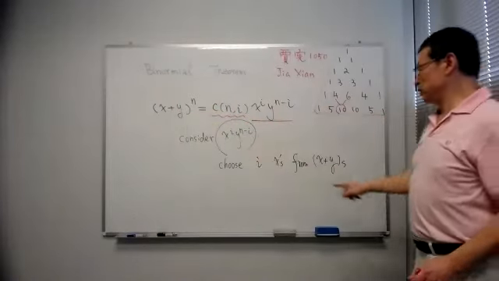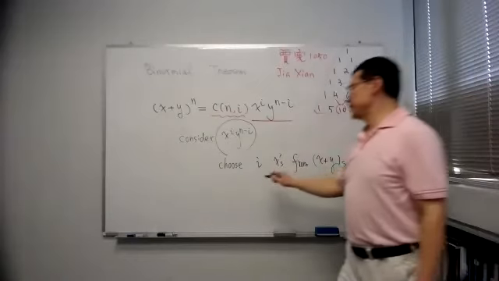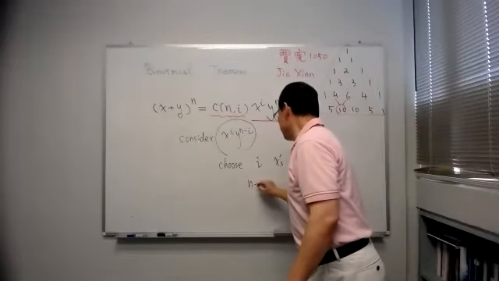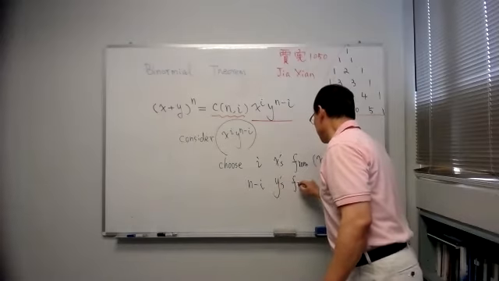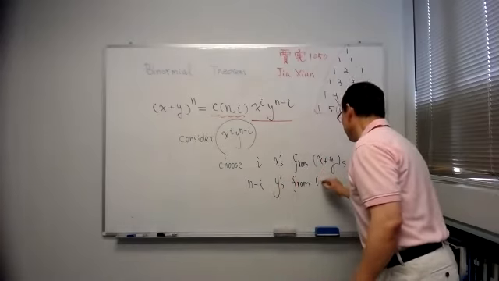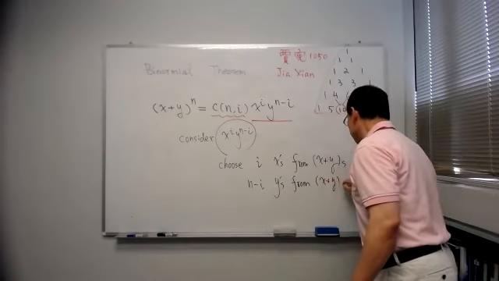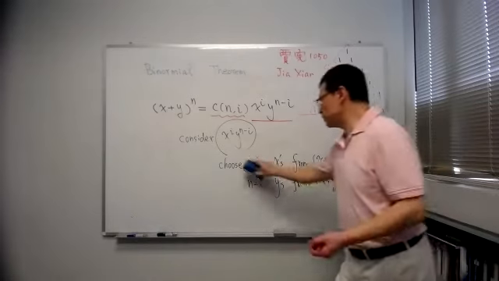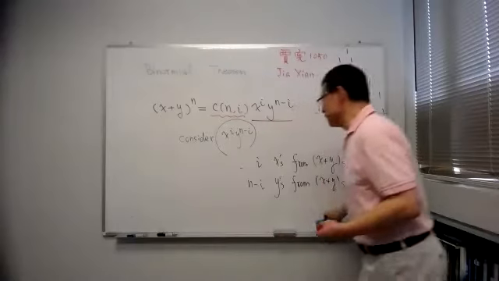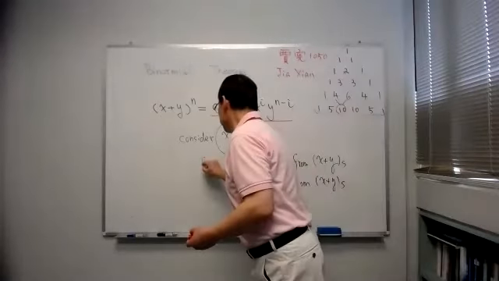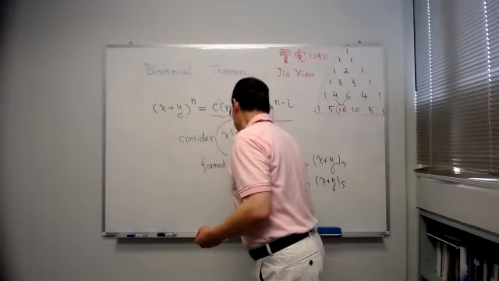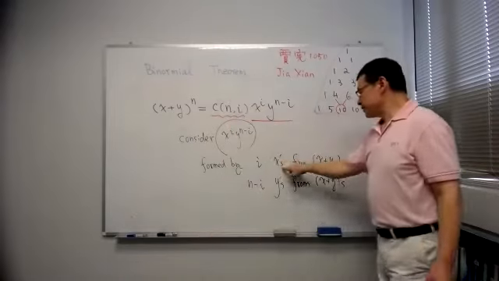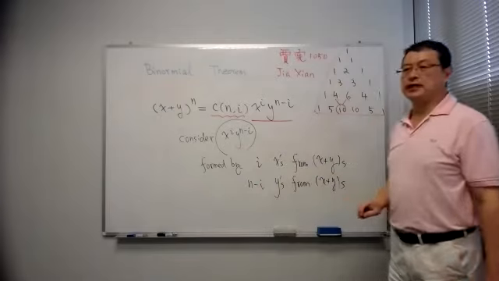We choose i x's from them and then choose n minus i y's from the rest. Sorry, here we don't choose back. This term is formed by i x's and n minus i y's.